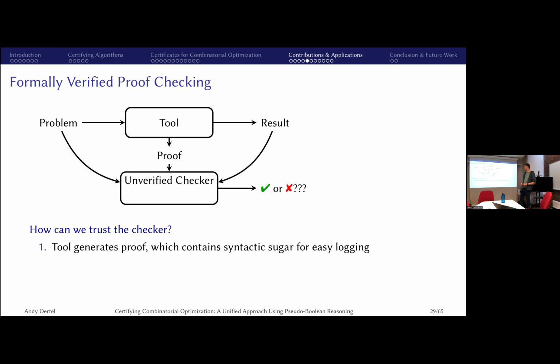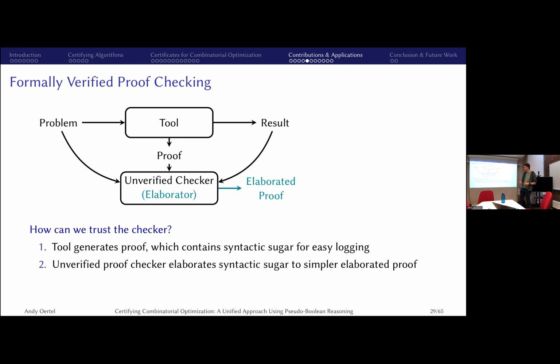And so the idea of what we do, and what a lot of other papers before us also did when doing formally verified proof checking, is to use this unverified checker as an elaborator. We have this proof that has the syntactic sugar, and then we have this elaborator which removes the syntactic sugar and translates it to easier rules that can be checked efficiently by a formally verified tool.